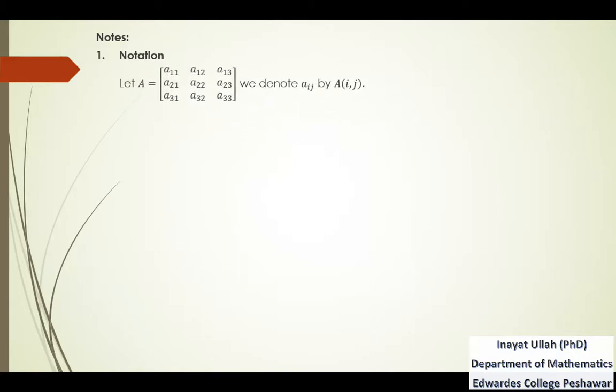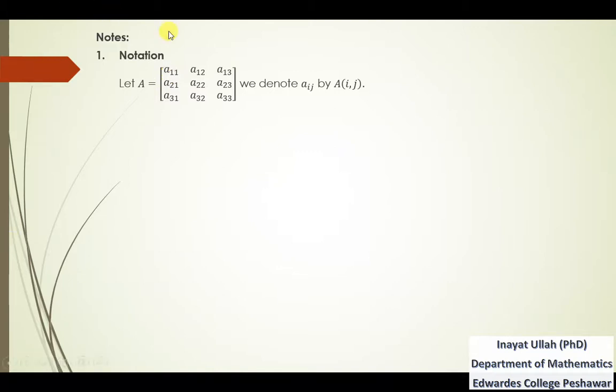are given a matrix A, and these are the entries of that matrix: A11, A12, A13, and so on. This A11 is the entry or element of matrix A which is in the first row and first column. You see, this A11 is in the first row and first column, so that's why this entry is denoted by A11.